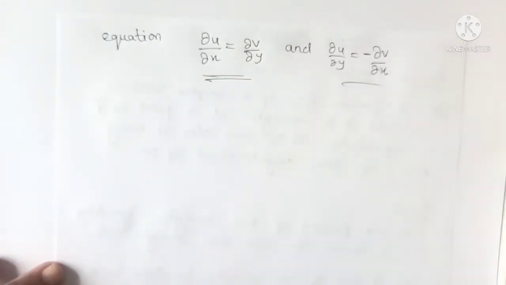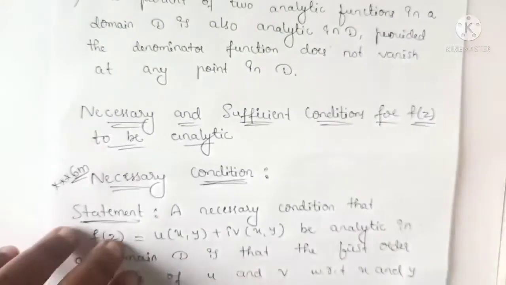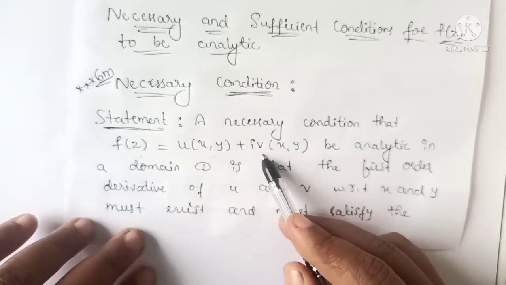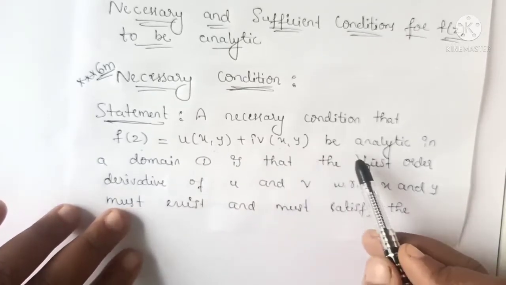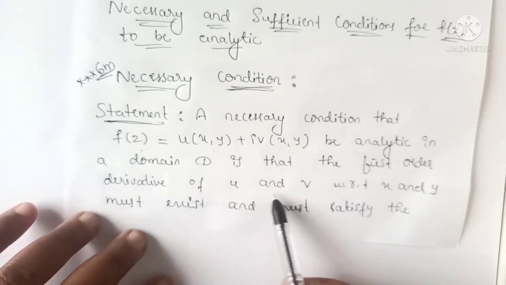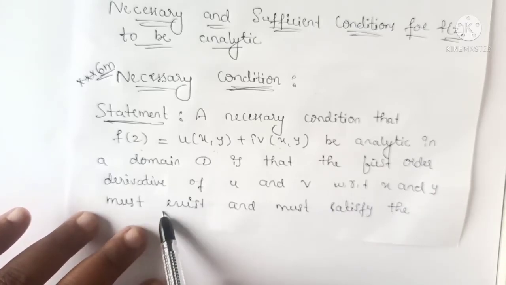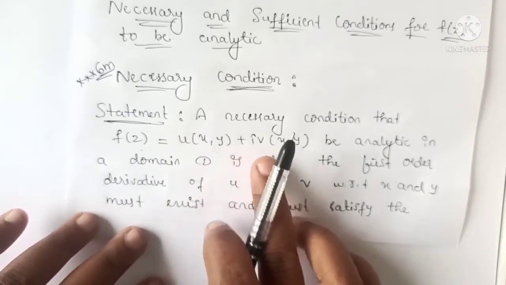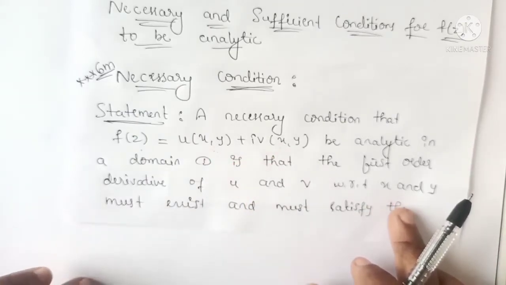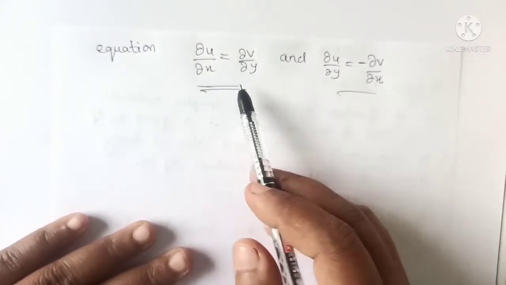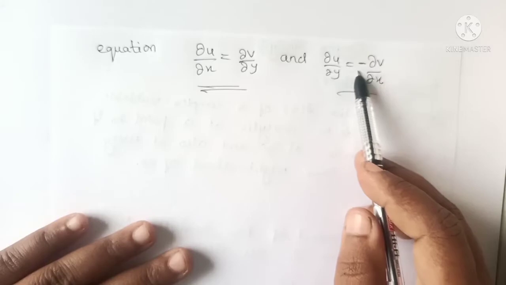So see here, the necessary condition is that for f of z equals u of x comma y plus iv of x comma y to be analytic in domain D, the first order derivatives of u and v with respect to x and y must exist. That is, the partial derivatives of u and v with respect to x and y must exist, and they must satisfy the equations dou u by dou x is equal to dou v by dou y, and dou u by dou y is equal to minus dou v by dou x.